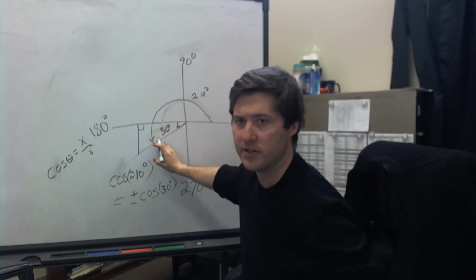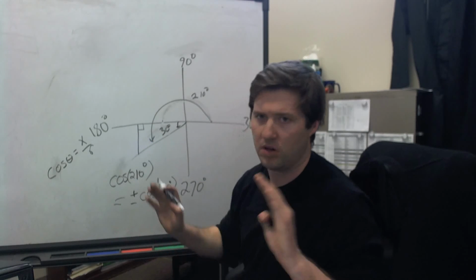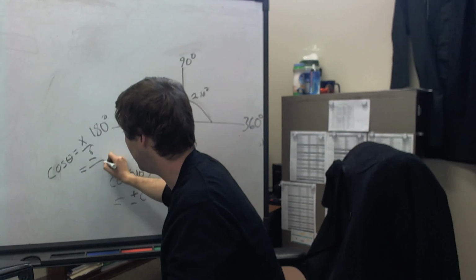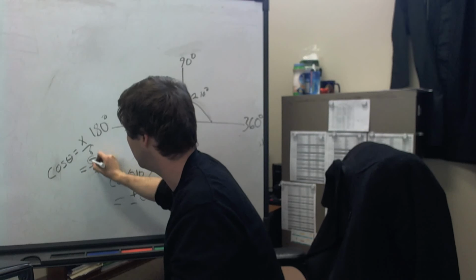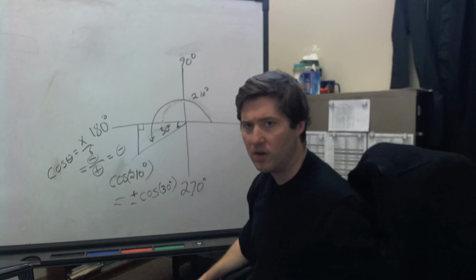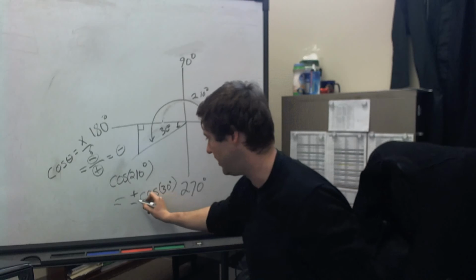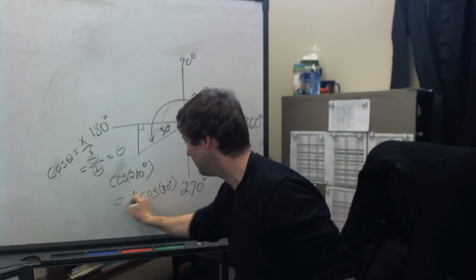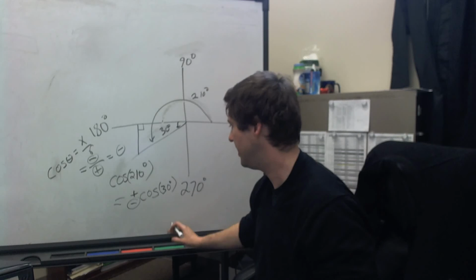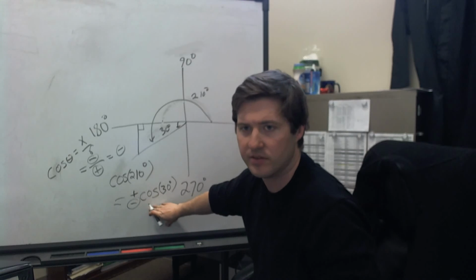All these x values are negative. My r values are always positive. So this is a negative divided by a positive, so cosine has got to be negative there. I don't even care about this positive sign. Cosine has to be negative.